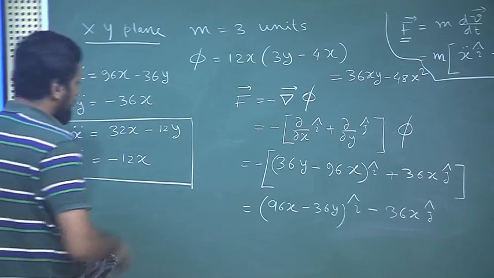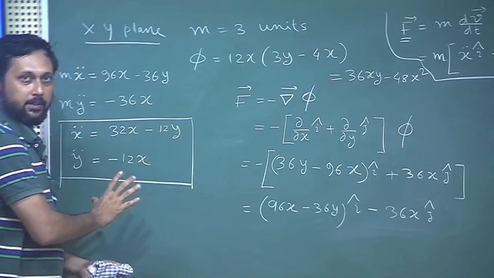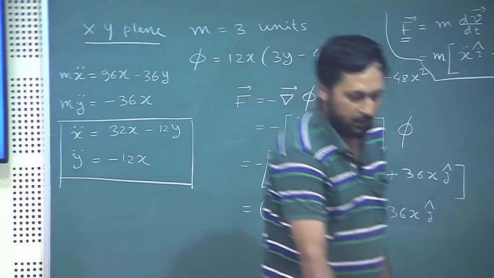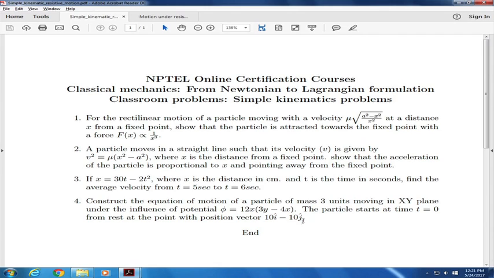But this is not complete as yet, because if you recall, there are a few other boundary conditions given. Look at the last line: the particle starts at time t equal to 0 from rest at the point with position vector 10 i minus 10 j.